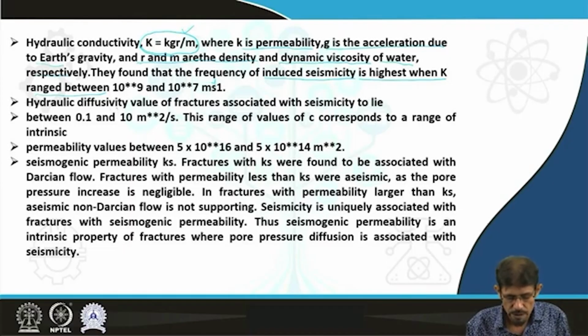Hydraulic diffusivity value of fracture associated with seismicity lies between 0.1 to 10 meter square per second, and the permeability which is showing the generation of seismic waves ranges from 5 into 10 to the power minus 16 to 5 into 10 to the power minus 14 meter square. That is called seismic permeability.